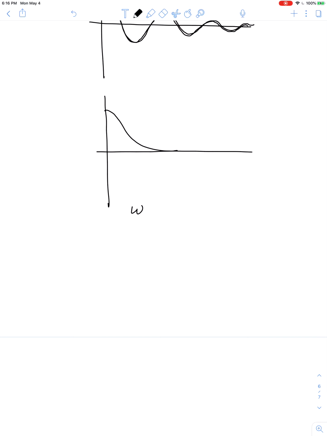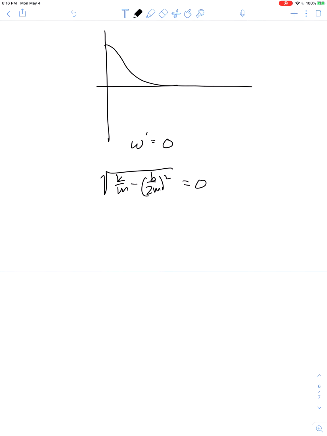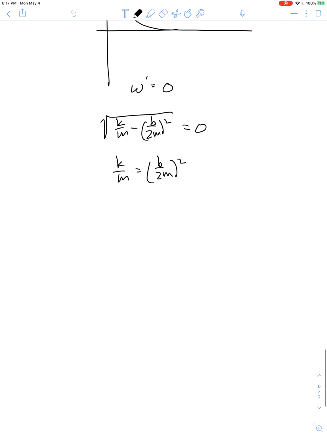And in that case, we can say that there really are no vibrations, so the angular frequency for all practical purposes is 0. Now the only way that's true is if the square root of k over m minus quantity b over 2m squared is equal to 0, which would only be true if k over m is equal to b over 2m quantity squared.